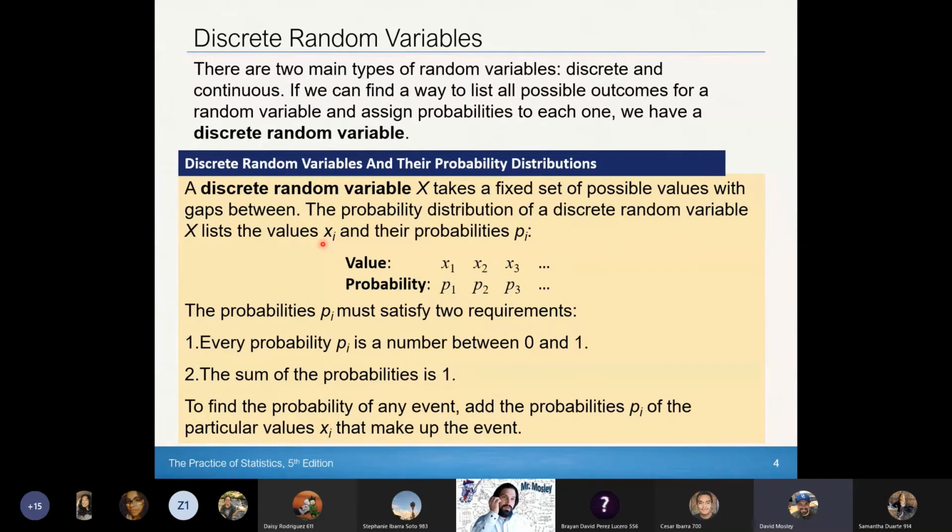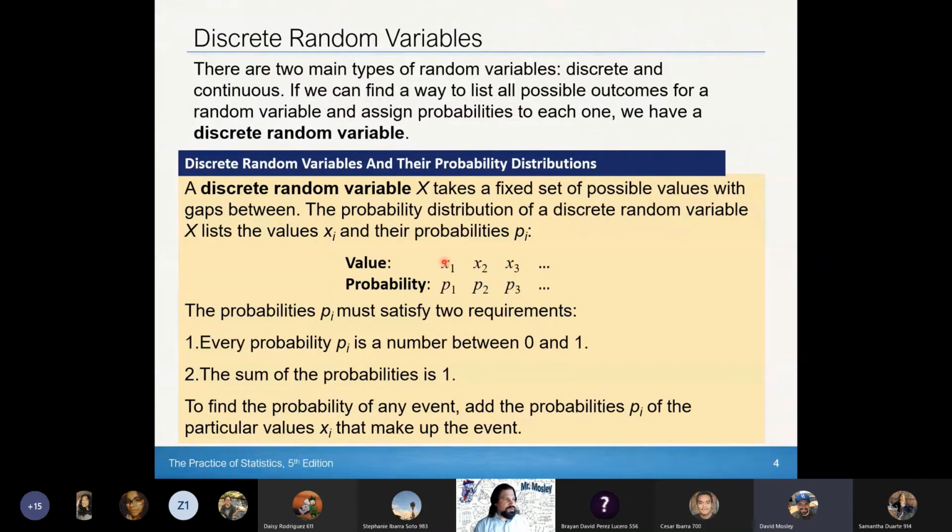So when we look at the coin example, flipping a coin, the first x value was 0. So x sub 1 would be 0. X sub 2 is 1. X sub 3 is 2. X sub 4 is 3. That means the first possible number of outcomes was 0. The second was 1. The third was 2.